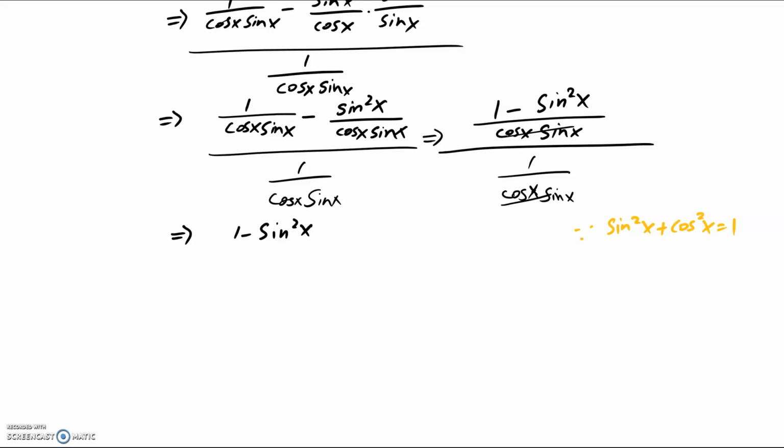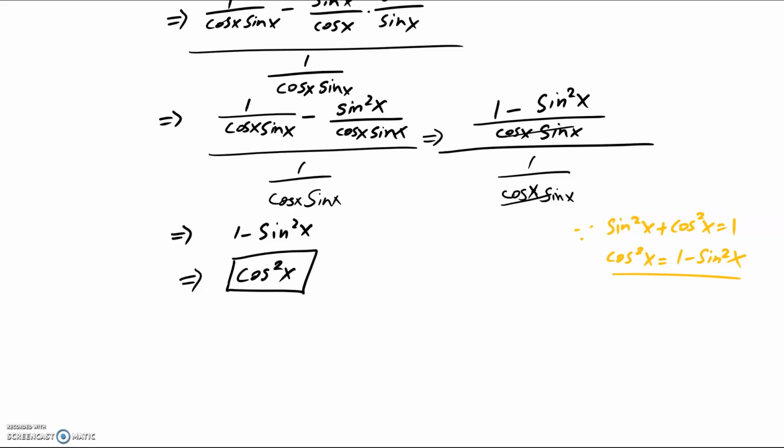I'm going to rearrange this identity, and it's going to be cos squared x equals 1 minus sine squared x. This identity I will use in the given expression, and it's going to be cos squared x, and this is the simplified form.